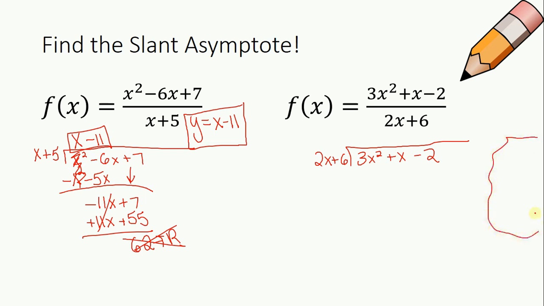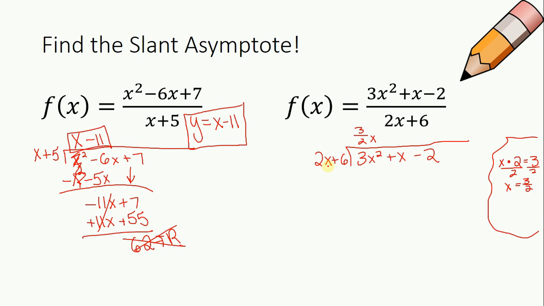Let's do a little brainstorming session. Something times 2 has to give me 3. If I solve for that something, I would get 3 halves, right? So that tells me that 3 halves x times 2x will give me 3x squared.